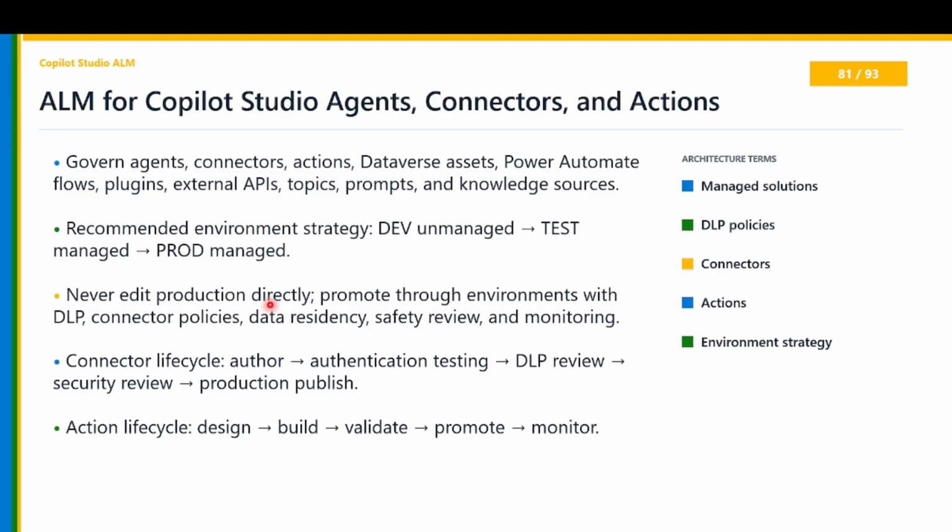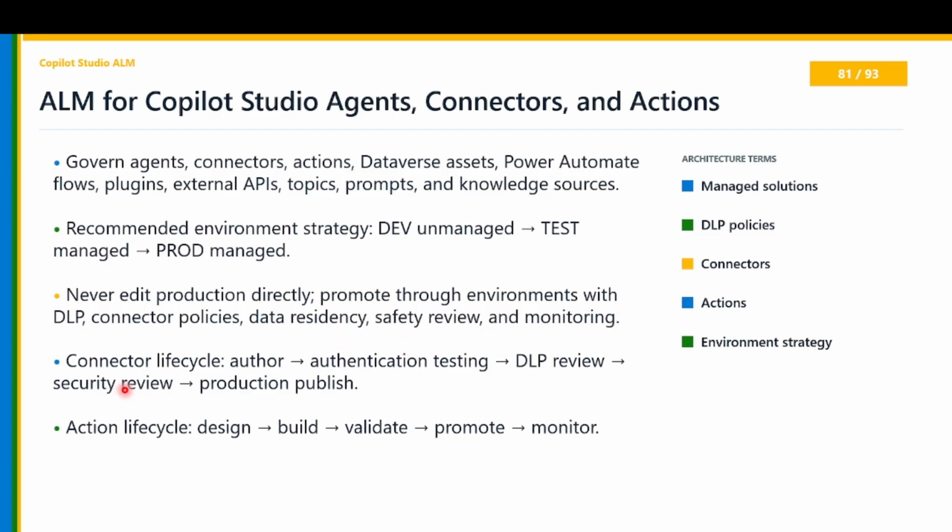Every workflow, whether traditional or agentic AI system, should follow a proper pipeline, development to staging to production. Very, very important, even in Power Platform applications. So never edit production directly. Promote through environments with data loss prevention, connector policies, data residency, safety review, and monitoring.